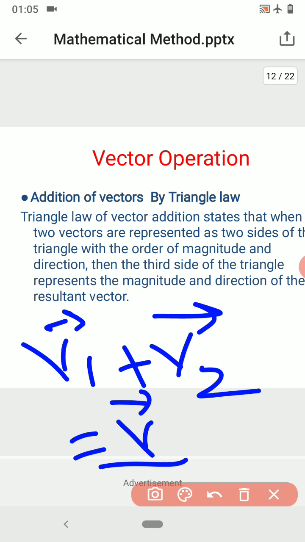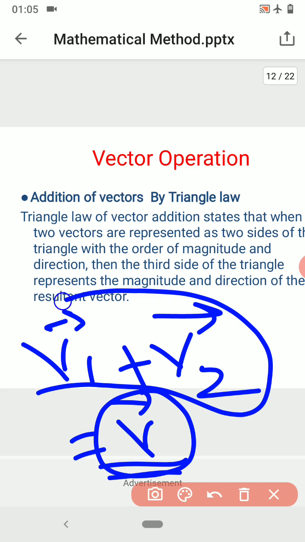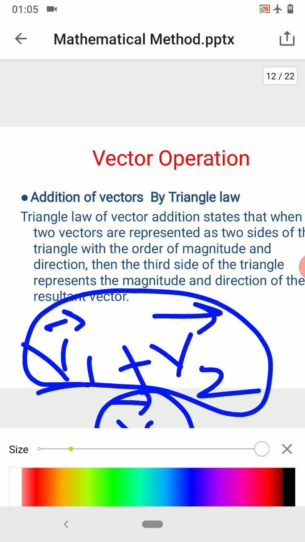So this vector v is the single vector, and the effect of this single vector is the same as the net effect of these two, meaning the addition of these two vectors, or if it is a subtraction, then the effect should be the subtraction.